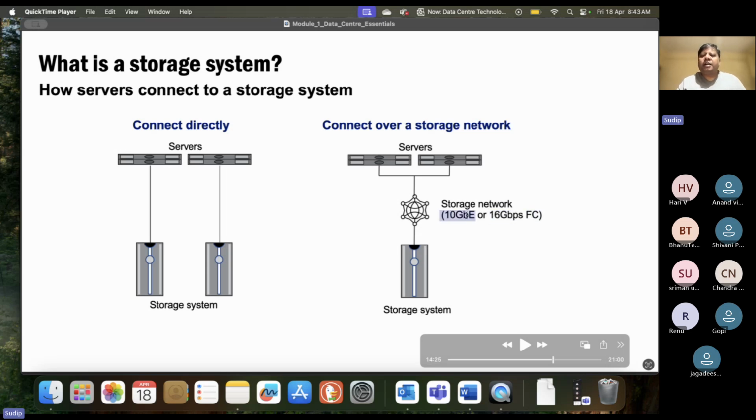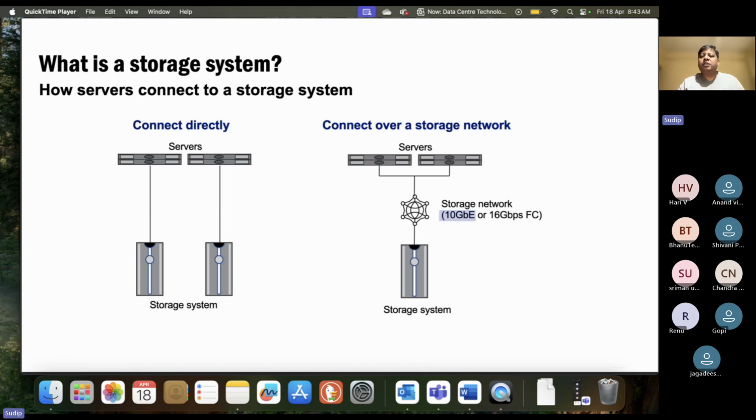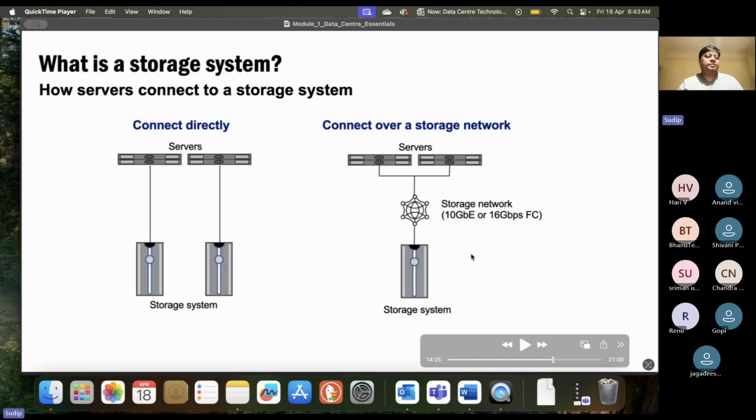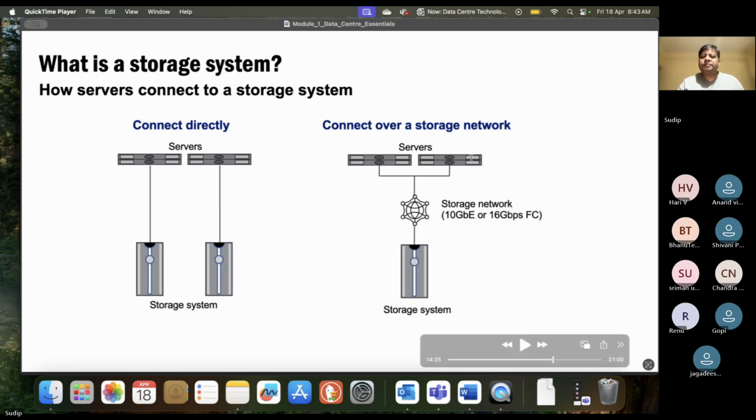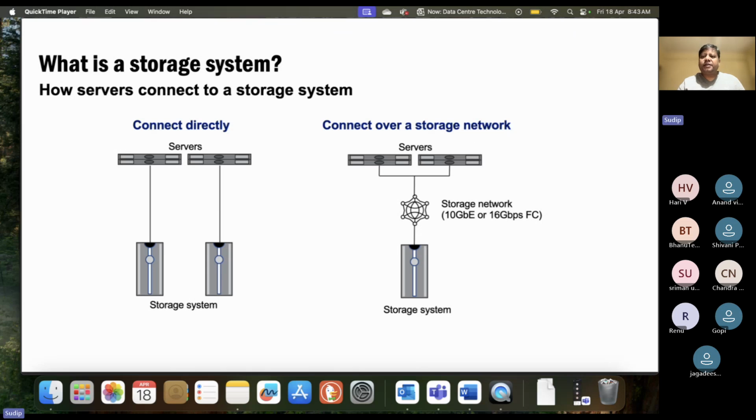Okay, so I would like to understand from you, boys and girls, how many of you have ever seen, touched, or worked with a network cable? A network cable. Any of you? Network cable?